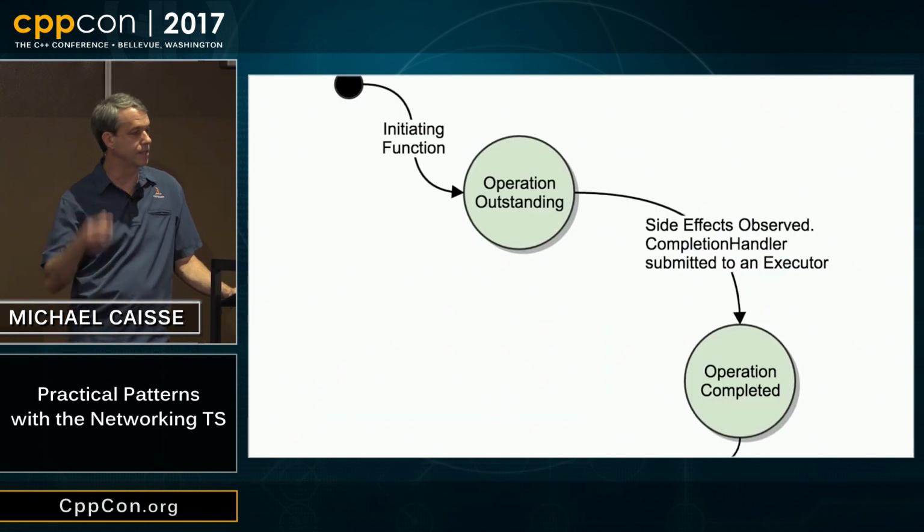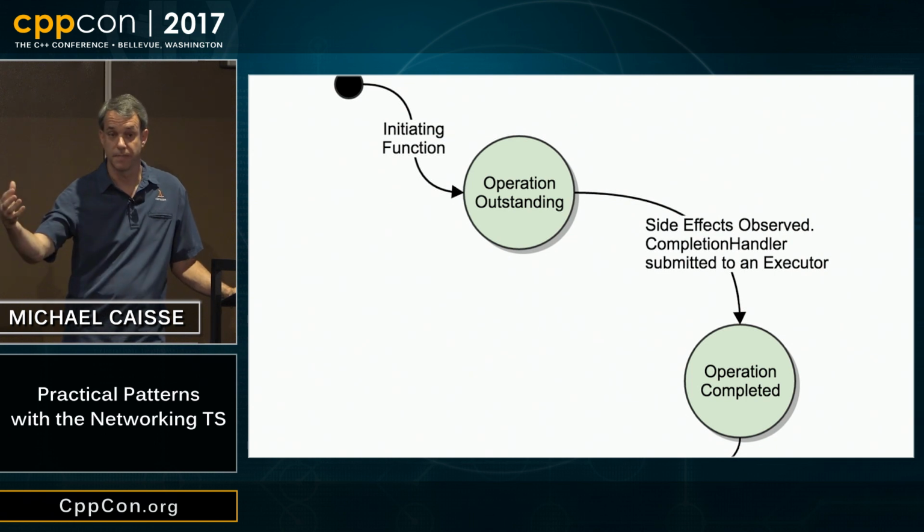So remember, we have this initiating function that's going to get everything going. After the asynchronous activity completes, the completion handler is going to sit on the operation, in this operation completed state, and then it's going to get called.